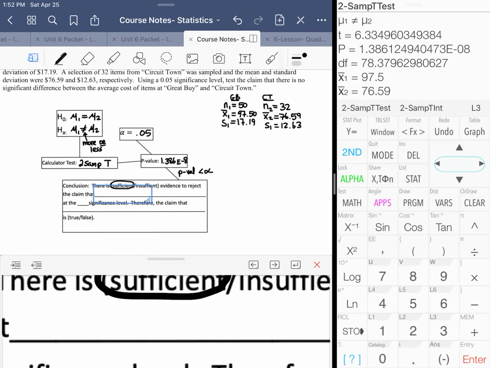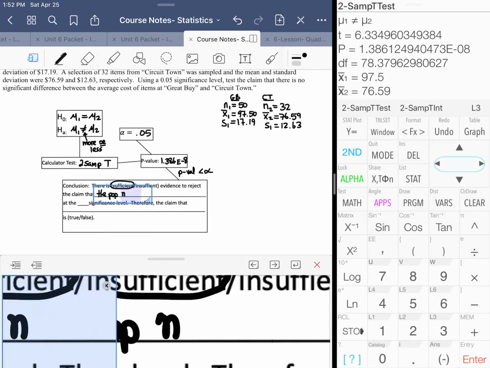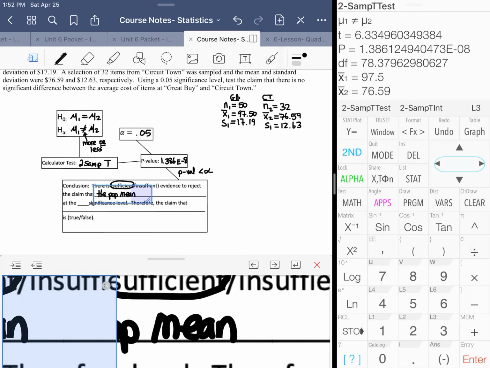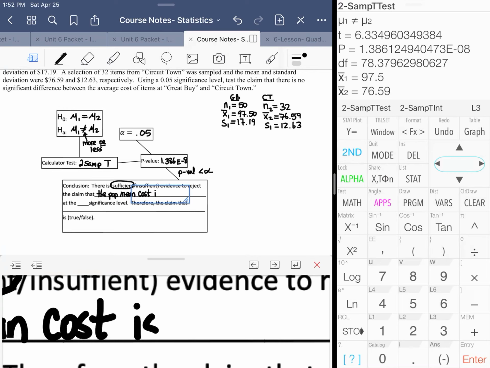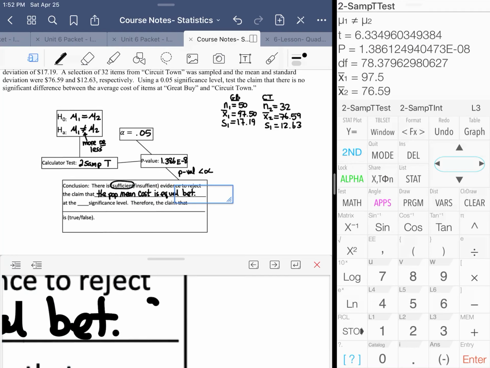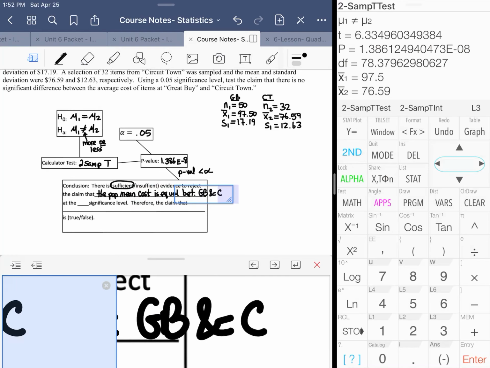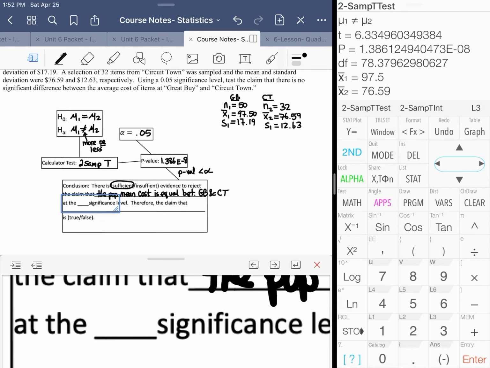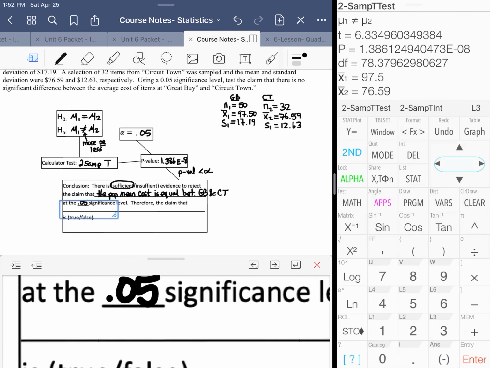So there is sufficient evidence to reject the claim that the population mean, well, cost, price, we'll say cost, because that's what they said, is equal between Great Buy and Circuit Town at the 0.05 level.